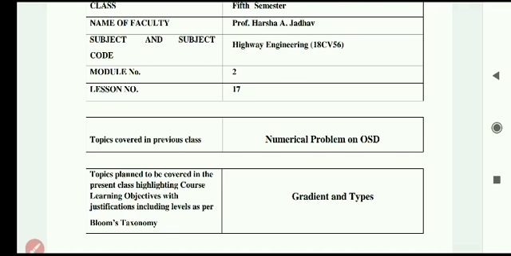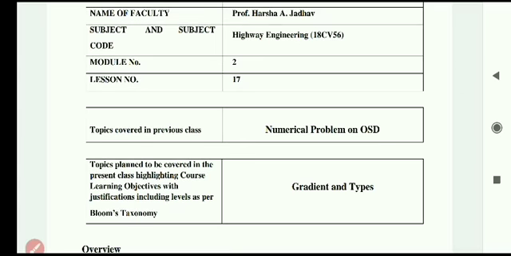It is given by the formula e plus f is equal to V square by gR. Whenever we calculate the superelevation value, we always consider 75% of the design speed, so V is equal to 0.75 V. That much we need to consider. This is all the concept we discussed in the last class.